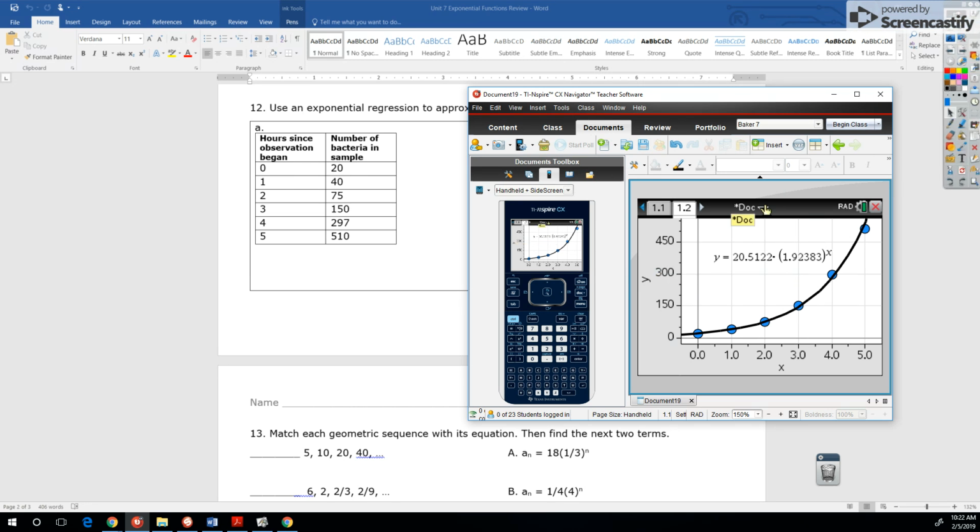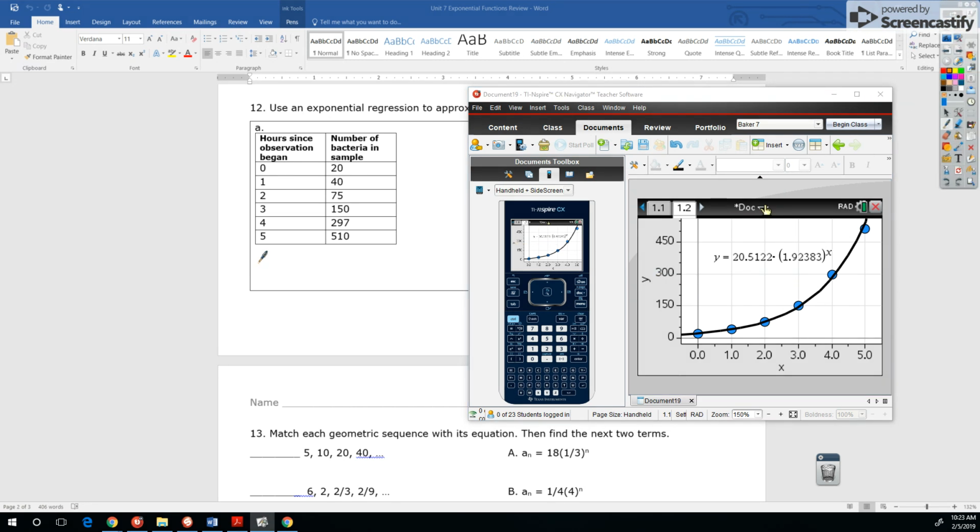And I'm just going to copy down my equation. Y equals 20.5122 times 1.92383 to the x power. There's no need to put that little dot in between the parentheses. We all know that if we have a number outside of parentheses, that means to multiply.